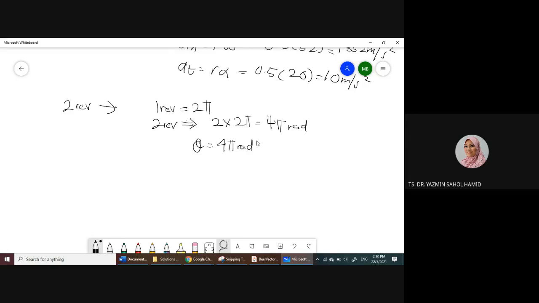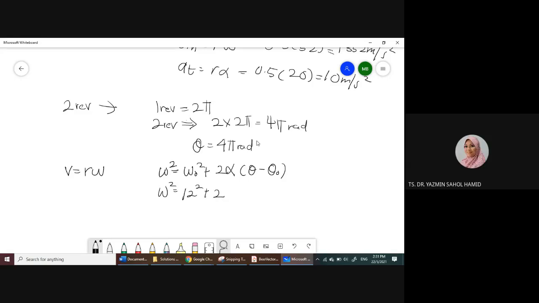So for this, you have to find a new omega because you need to find the velocity. Velocity equals R omega, but your omega depends on the formula that uses theta equals 4 pi. So you have to use this formula: omega squared equals omega naught squared plus 2 alpha times theta minus theta naught. Do we have omega naught? 12.